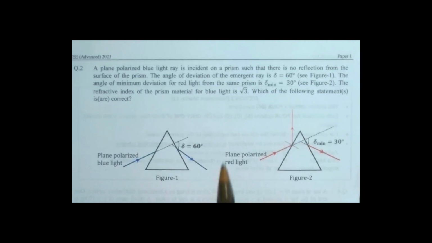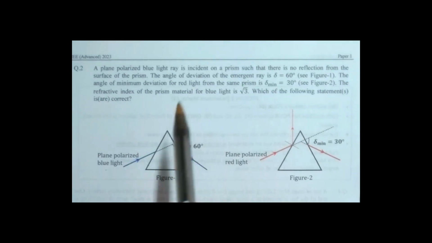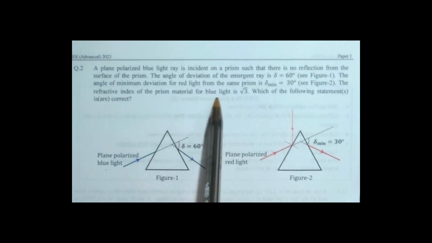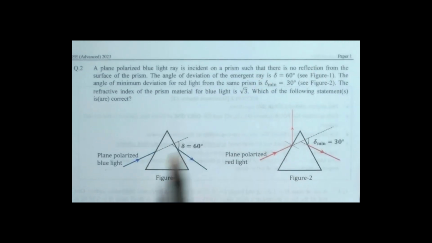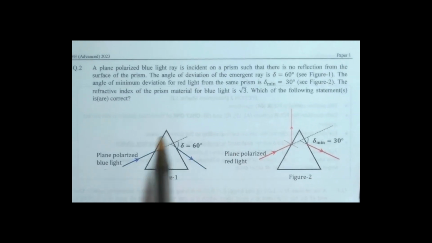Okay, for the prism, the refractive index for blue light is given as square root of 3, and for red light it's not given, and you have to find out, okay, from the given situation. All right, and also it's a plane polarized blue light, and they're both plane polarized.